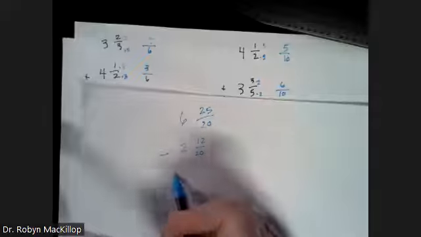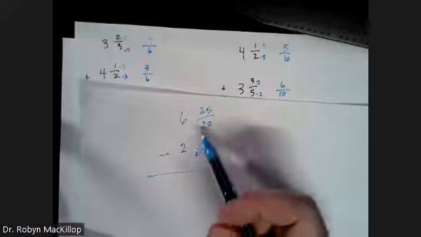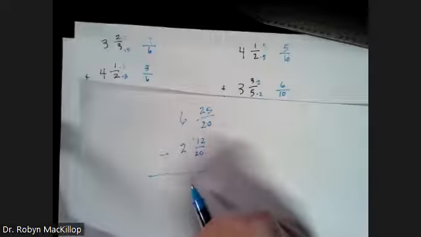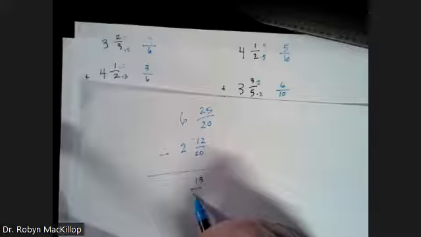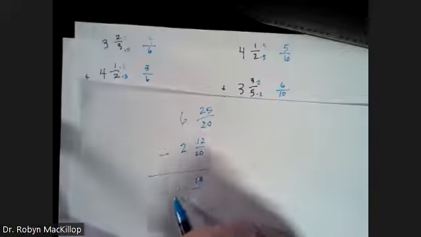There we go. Now it's a lot cleaner. And then we just do the subtraction. 25 minus 12 is going to be 13 over 20. 6 minus 2 is 4. You cannot reduce that. You're done.